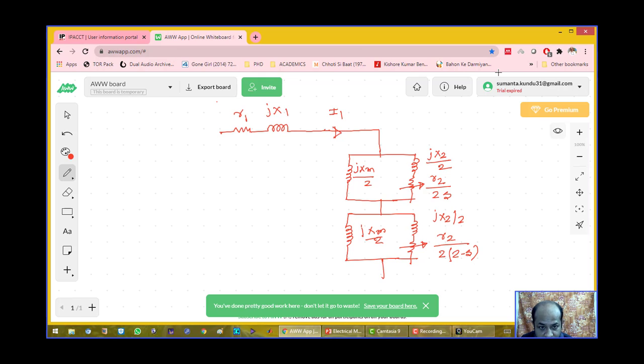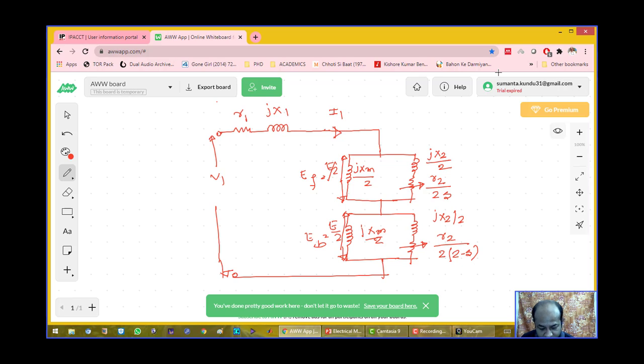This is the equivalent circuit of the single phase induction motor in running condition. This is my EF, this is my EB, equal to E by 2, meaning this voltage, this voltage, this voltage.